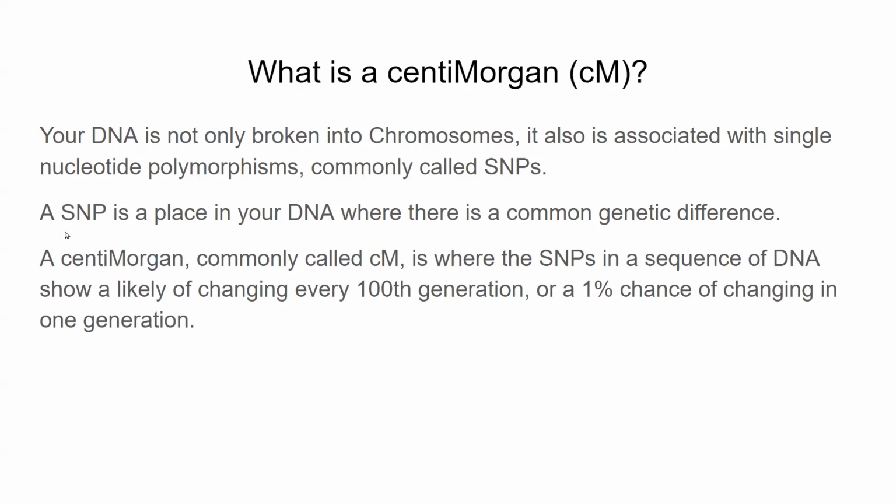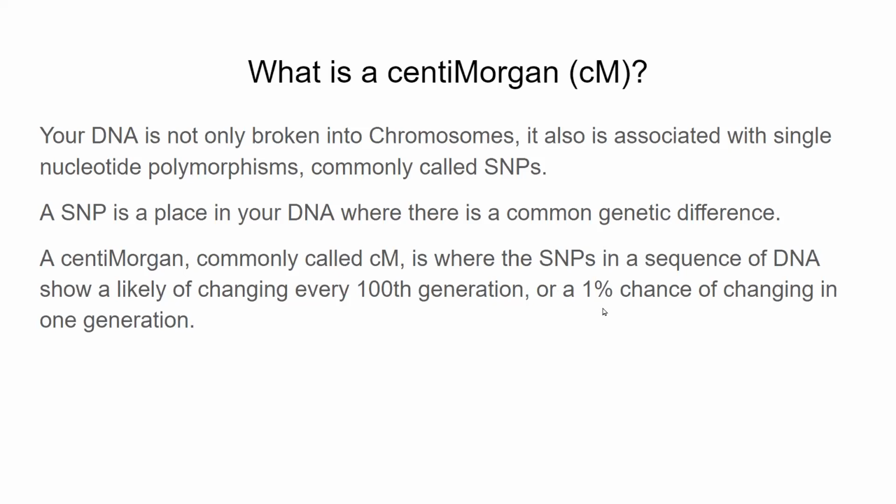So what they have done in the genealogy analysis community is gone through that list of SNPs and said, where these SNPs are in sequence, let's put enough of them together so the chance of a change in 100 generations is likely, a 1% chance in any one generation.